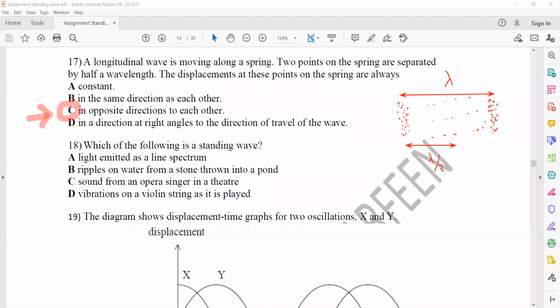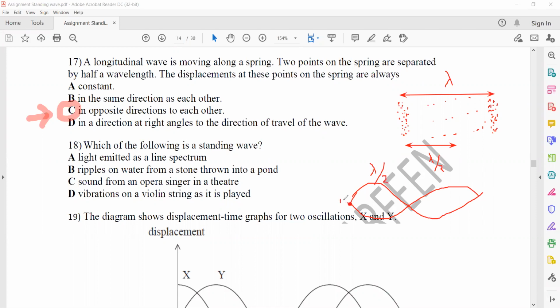Because they simply ask about a longitudinal wave, they did not ask about the standing wave. For a standing wave, if the same question was related to a standing wave, then when two particles are lambda by 2 apart, they will be in phase.